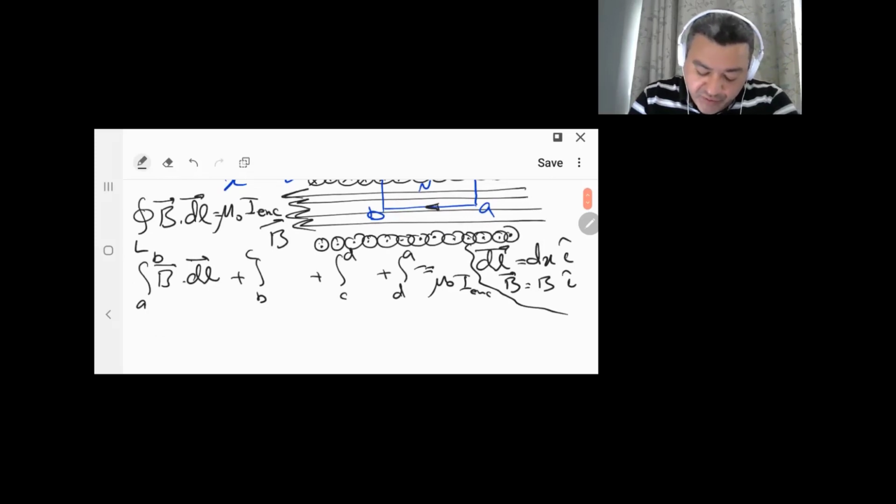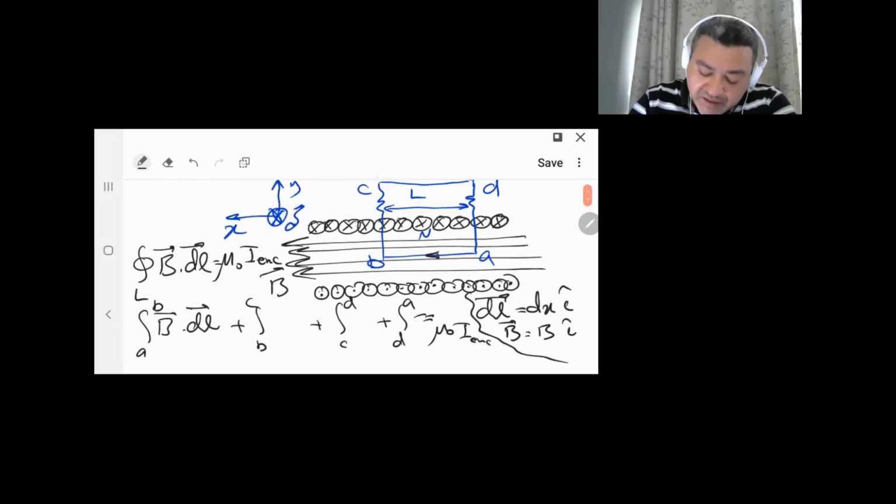But before I continue, I would like to say that this path for B and C is perpendicular to B, so the dot product would be 0. And this other path is also perpendicular to this uniform magnetic field, so the dot product between the differential element and the magnetic field will be 0. So BC is 0, and DA is also 0.